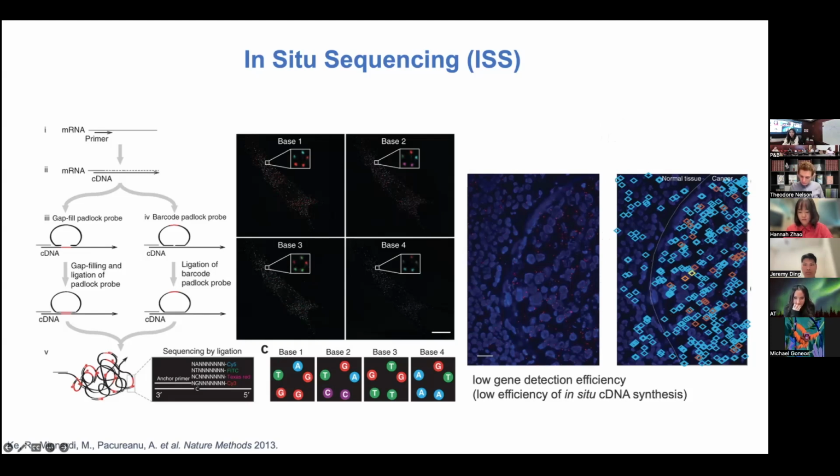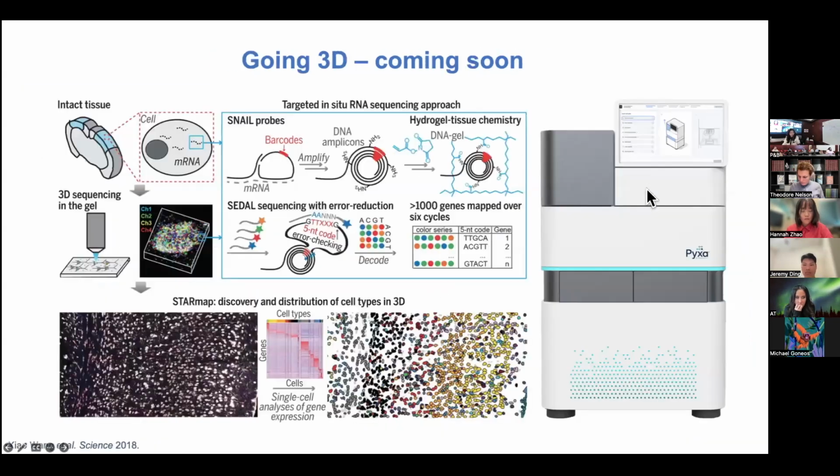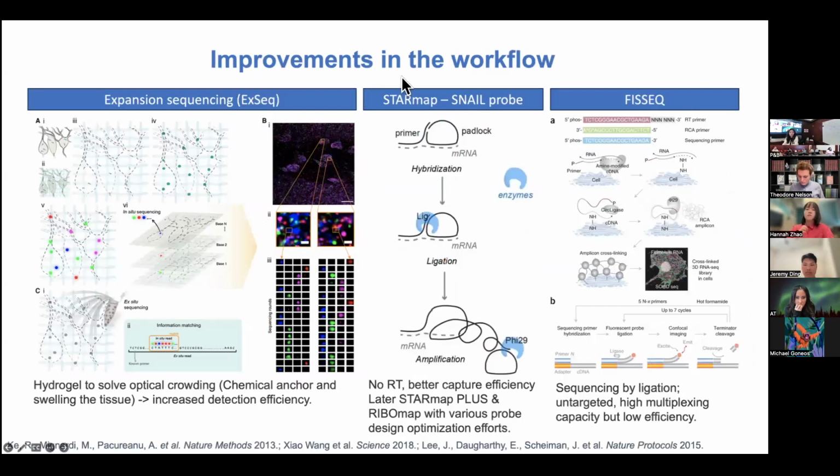But there are also a lot of different technologies that came out using a similar concept in a slightly different way. I don't have them here, but not just the way you're designing the probes, there are slight improvements in the workflow and different variations.